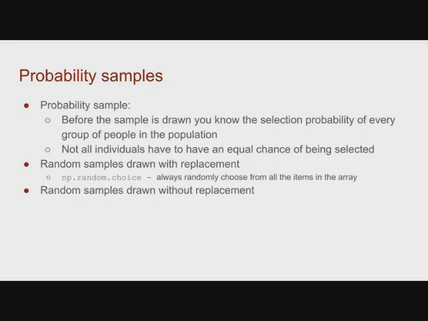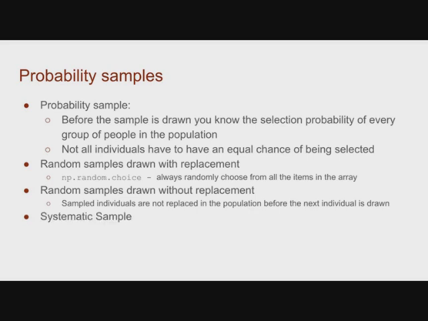But we can also draw without replacement. And again, that's once you've pulled out an individual, you're not putting them back in when you draw another sample. And then you can do systematic sampling.